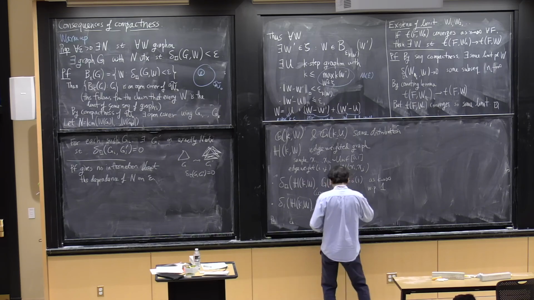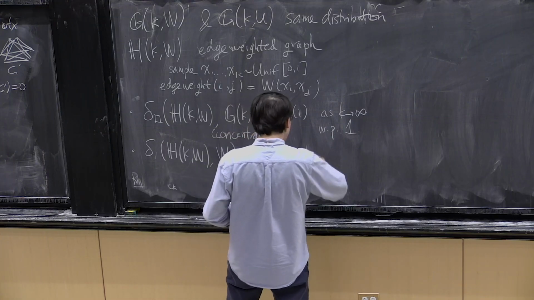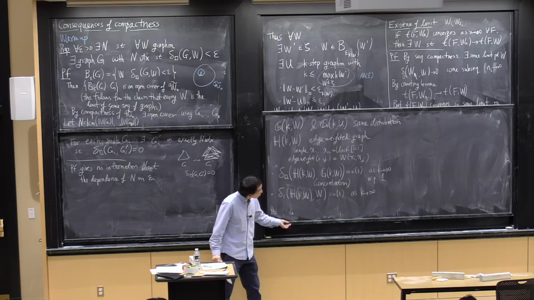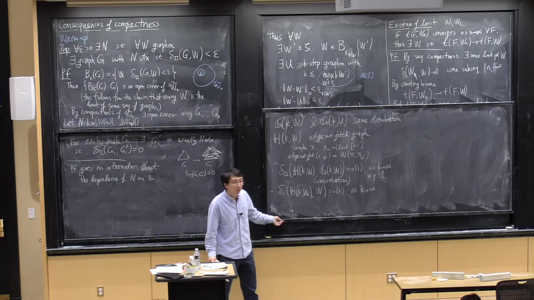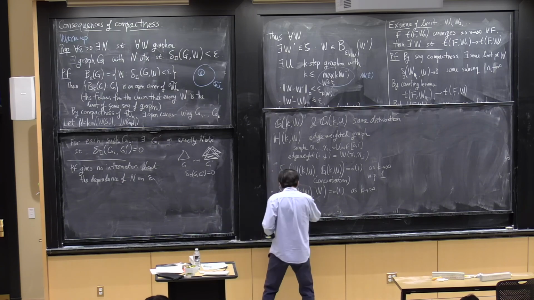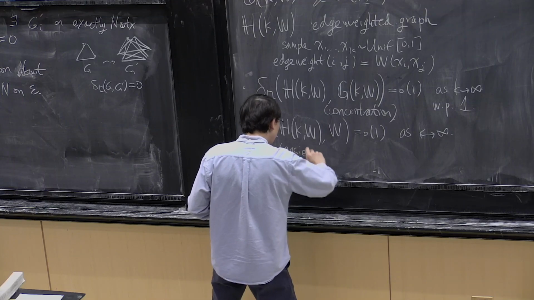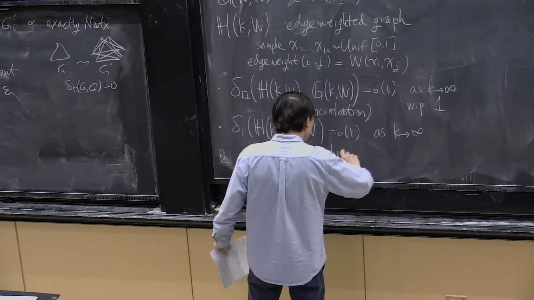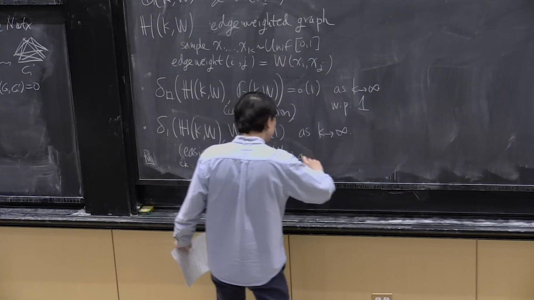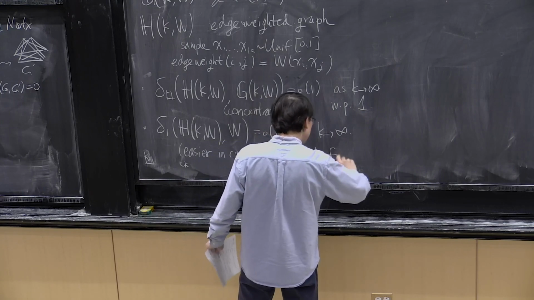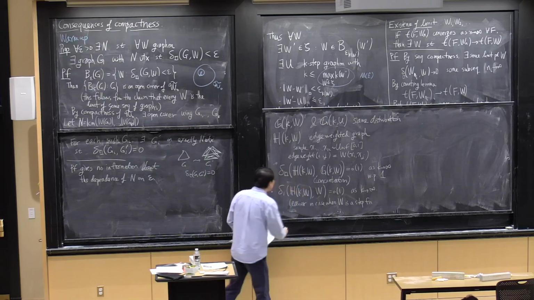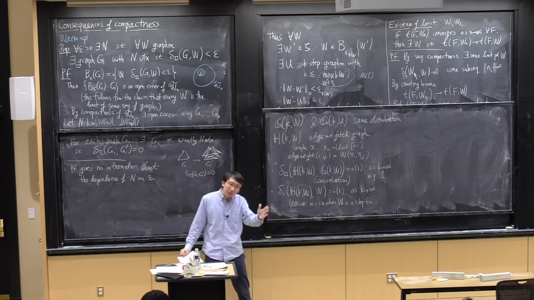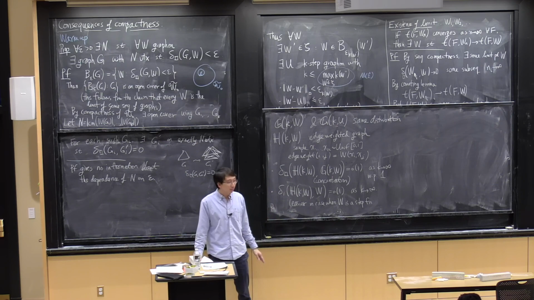This is also little o(1) in distance as k goes to infinity. This one is, again, not so obvious, but it's easier in the case when W itself is a step function, in which case the produced H is almost the same as W, except the boundaries are slightly shifted, perhaps.